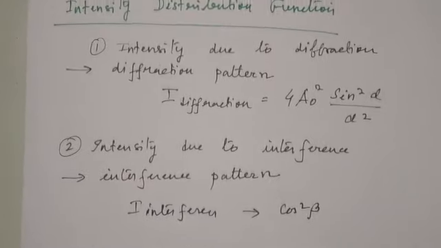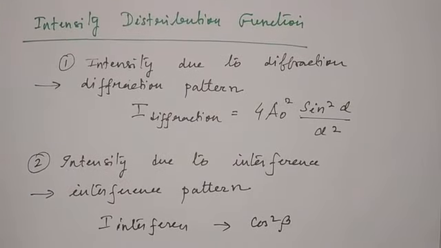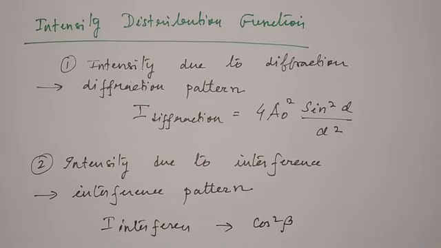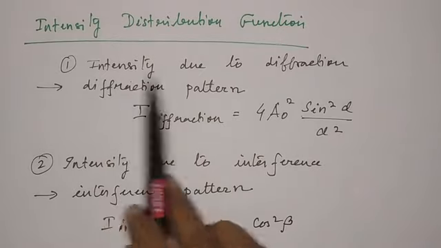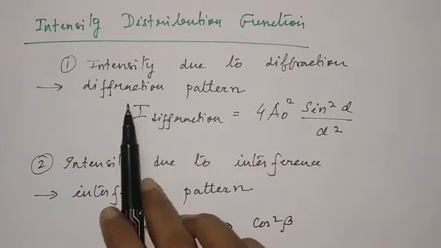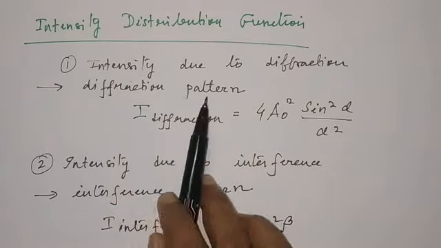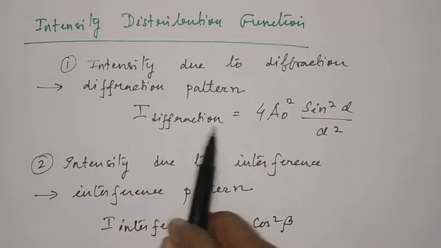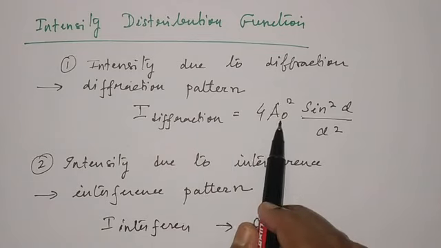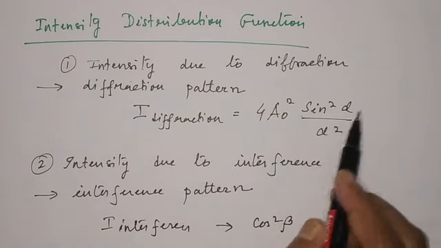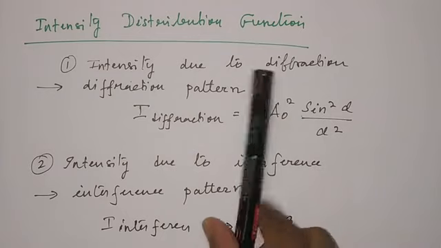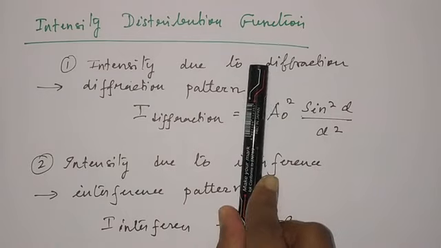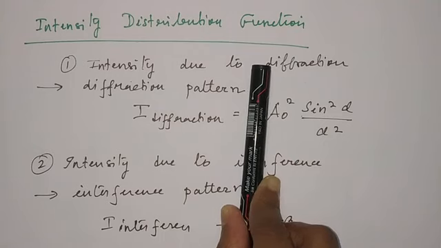Okay, so if we find the intensity distribution function, it will depend on two factors, and we will get two terms. The first is the intensity due to the diffraction, which will produce its own diffraction pattern, and the intensity factor due to the diffraction is given by 4a0 square sine square alpha by alpha square. We know for a single slit it is a0 square sine square alpha by alpha square.